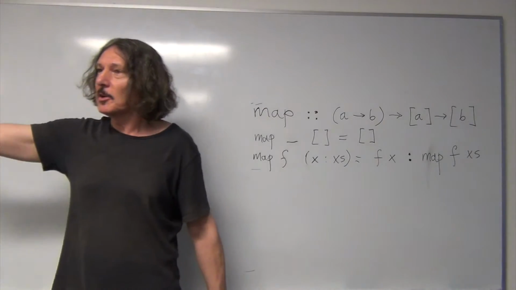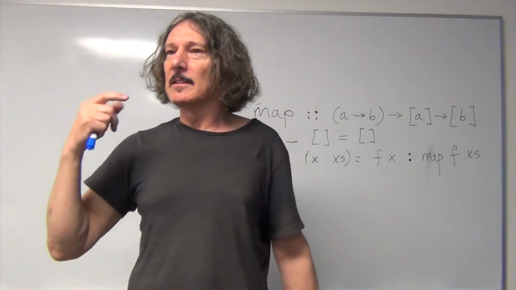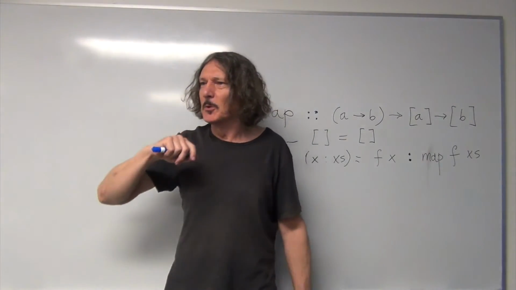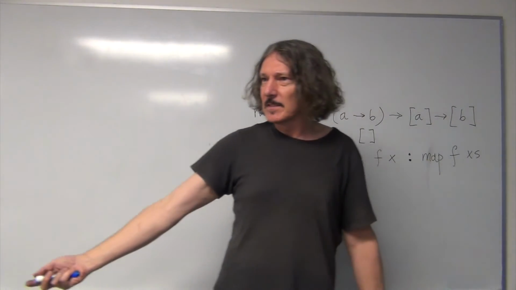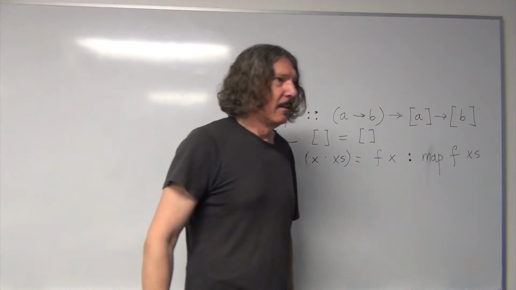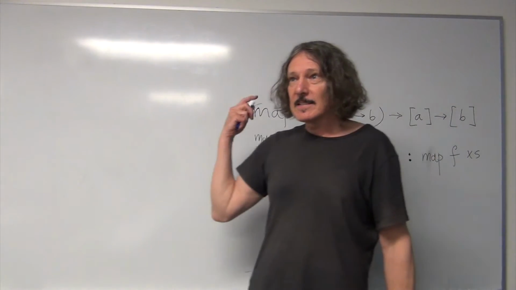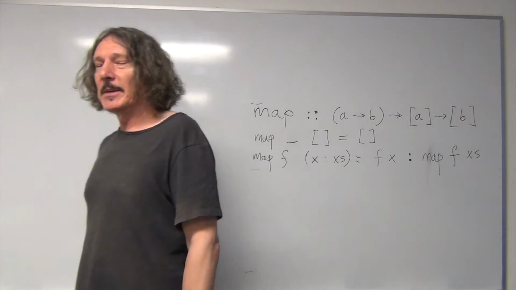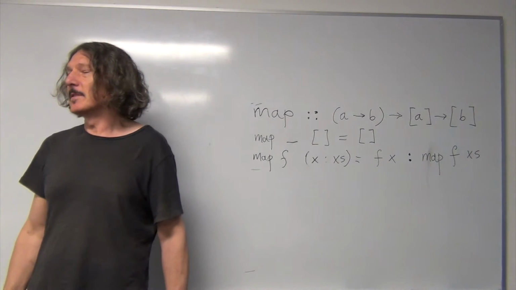So I told you about this thing that in Haskell we can actually do mathematical proofs of properties of our code. In case of lists, we can also do proofs.